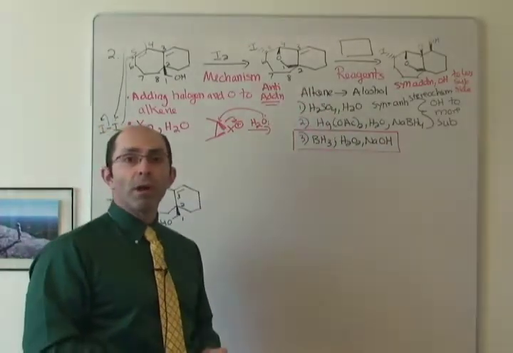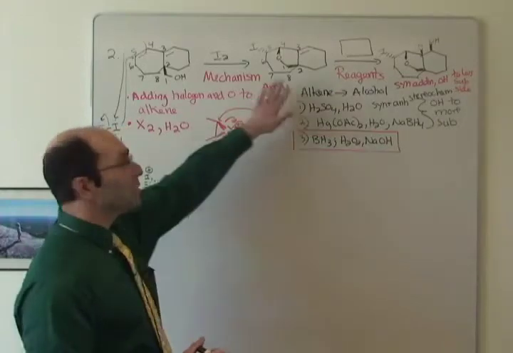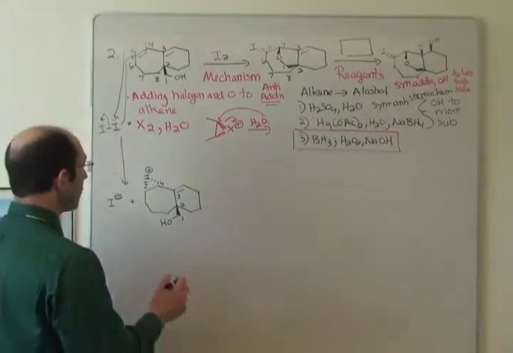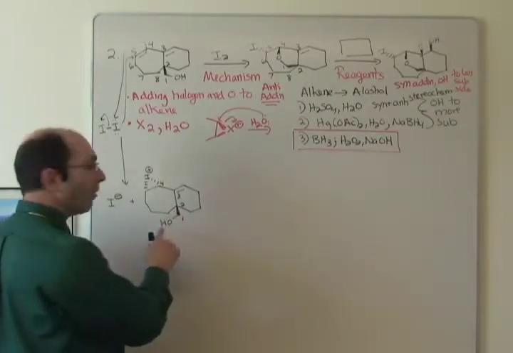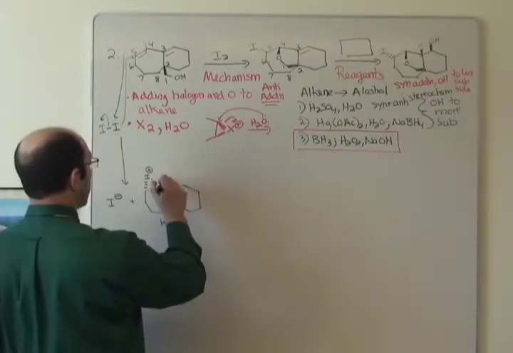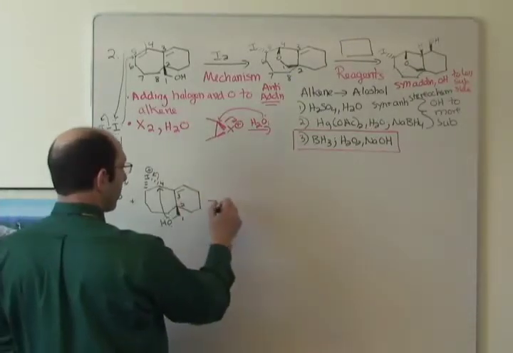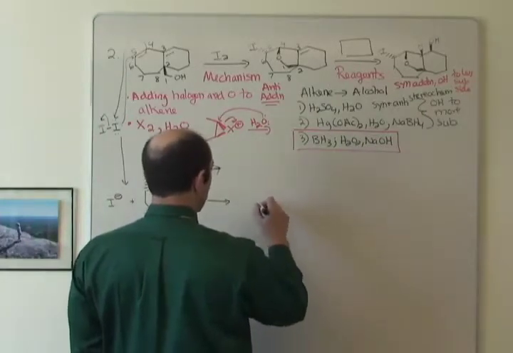All we have to do is show how we can get to that one product. We don't need to worry about what other things might happen, because those could be happening. We just need to explain this one reaction. So now we can have the alcohol act as the nucleophile. That can attack carbon 4, open up the ring, right, and let's draw what we get. It's almost our target.